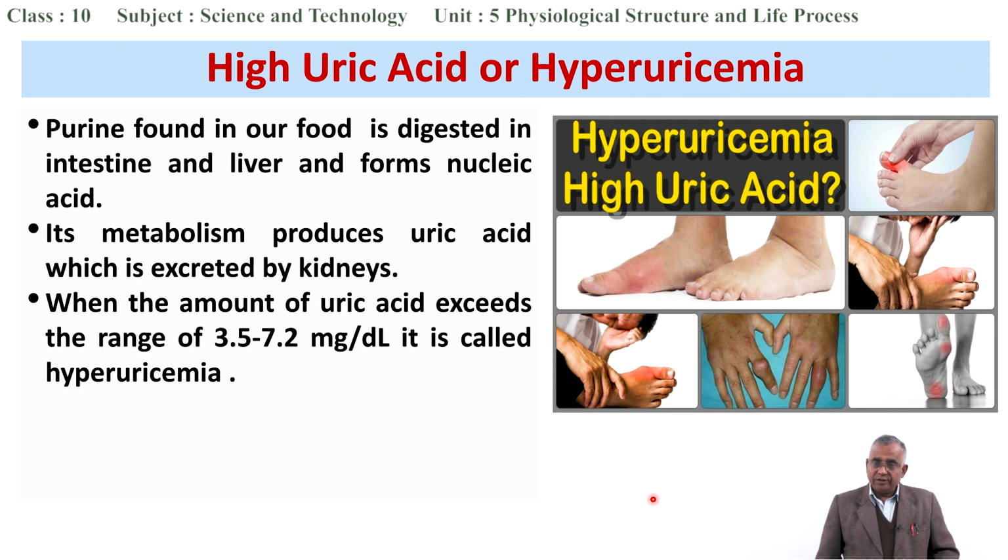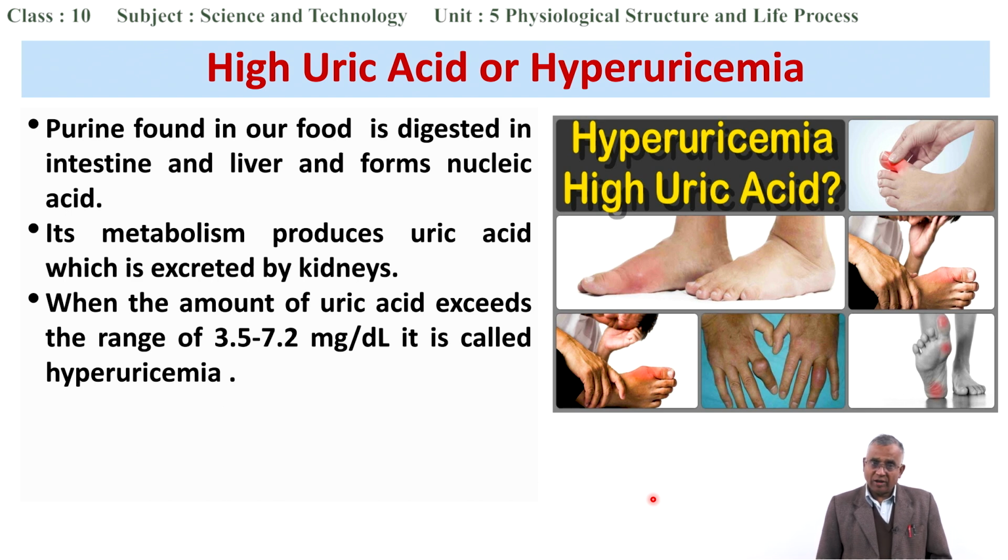Now see the next point. When the amount of uric acid exceeds the range of 3.5 to 7.2 mg per deciliter, it is called hyperuricemia. So if the amount of uric acid exceeds that range, then it shows the characteristics of gout and others.